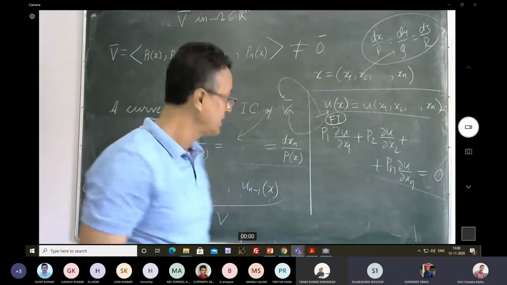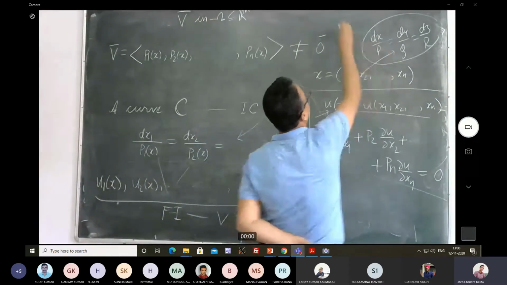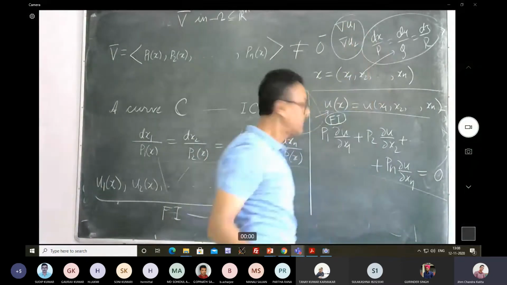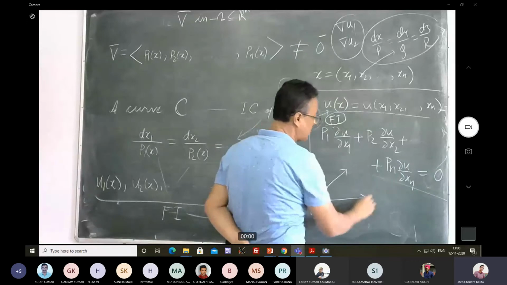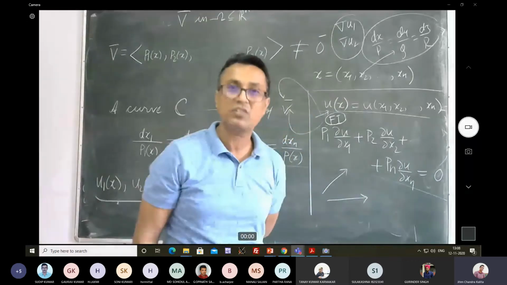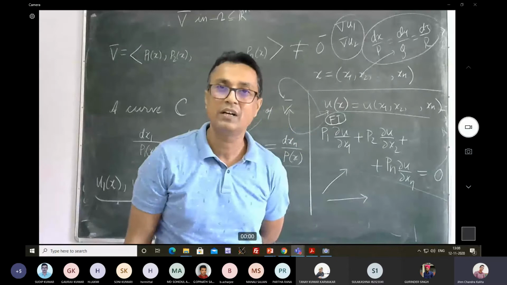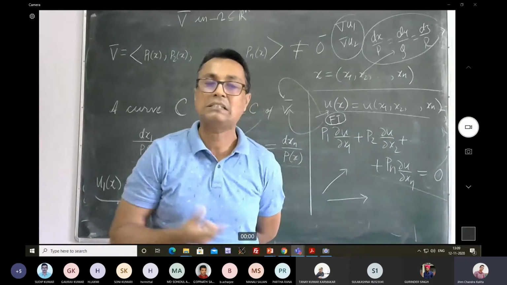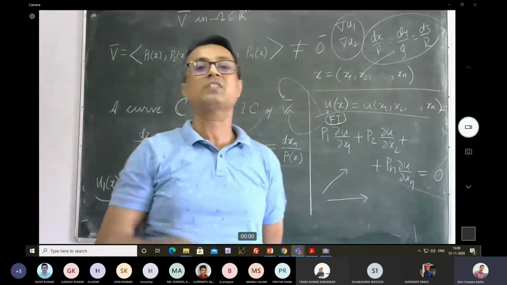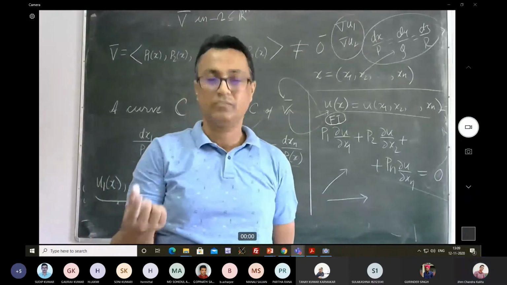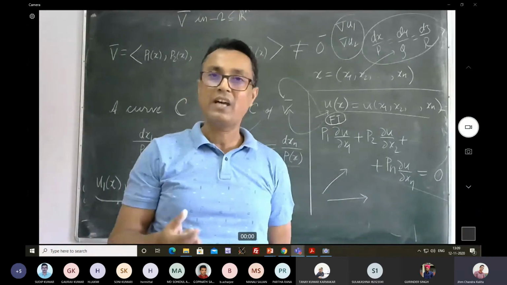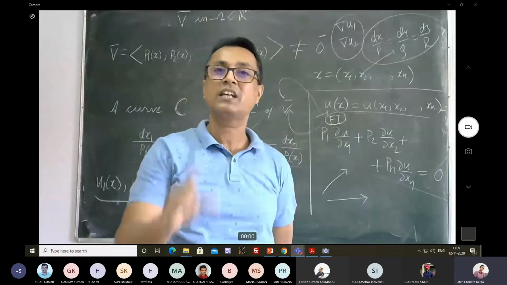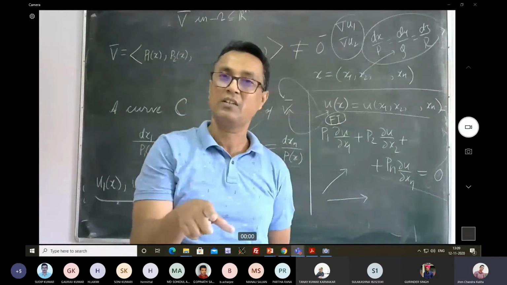From what we did here, grad u1 and grad u2 were nothing but vectors in three-dimensional space, and their cross product being non-zero signifies that they are not parallel, which means they are linearly independent, as somebody already pointed out that day.